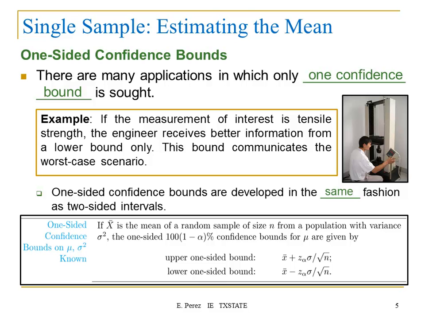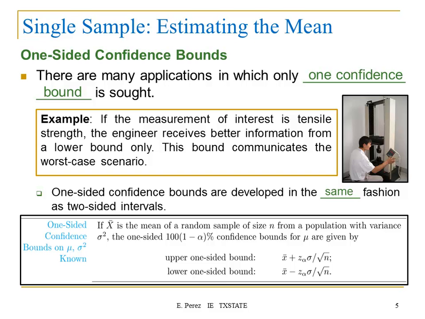And these are developed in the same fashion as the two-sided intervals. So essentially, what you're going to notice here in this definition for the one-sided, the upper bound will look like the upper bound of the confidence interval for both bounds. The only difference now is that instead of dividing that alpha value by 2, you're keeping alpha as is.